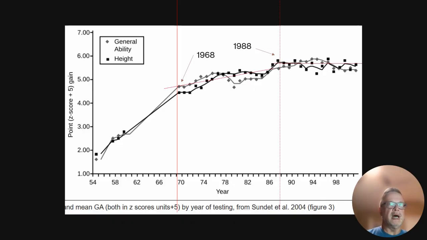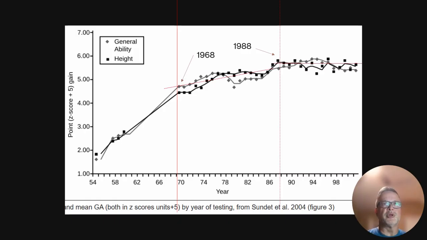So those guys taken by the army were tested, and in this graph you see two parameters. One is height. I'll get to this one too, but you see height and general ability or general intelligence. And you see that in the 60s, roughly 1968, the trend breaks and gets a little bit flatter, and around 1988 we see this plateau.